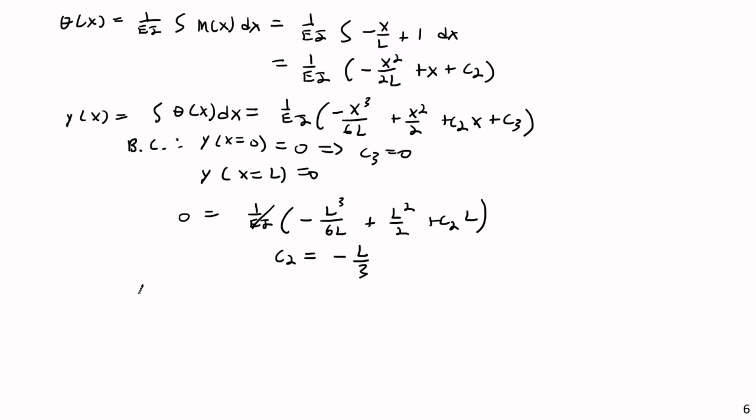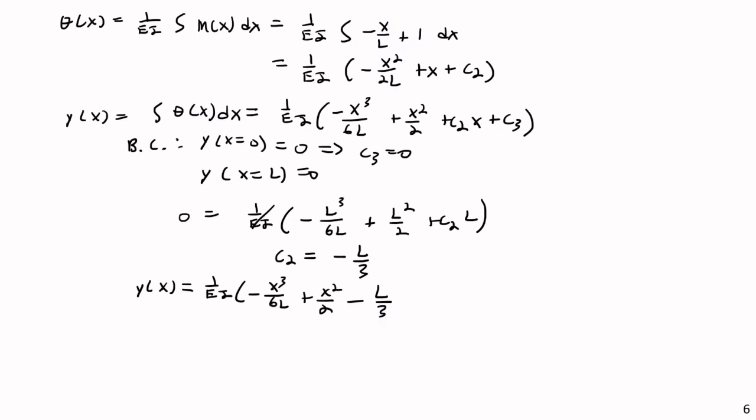Y as a function of x for our first primary beam will then be 1 over EI times negative x to the third divided by 6L plus x squared over 2 minus L over 3.